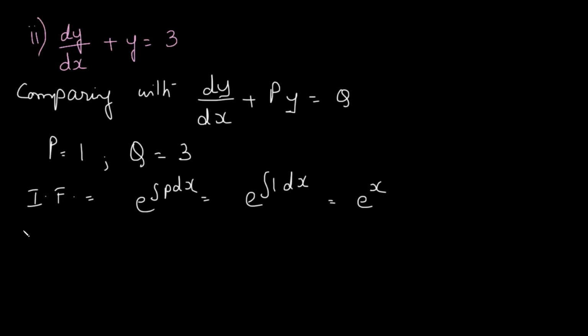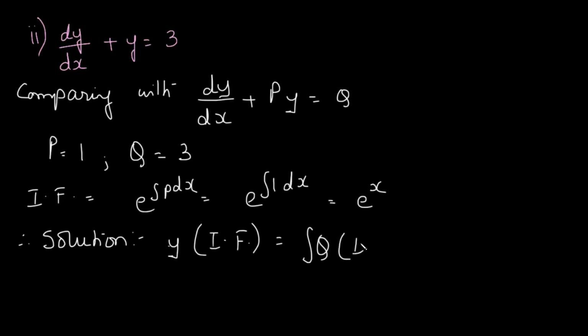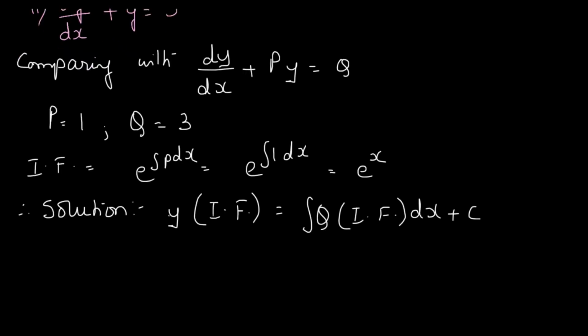So therefore the solution of the given equation, which is written in the form y into integrating factor is equal to integral Q into integrating factor dx plus c, and this we substitute all the values over here.